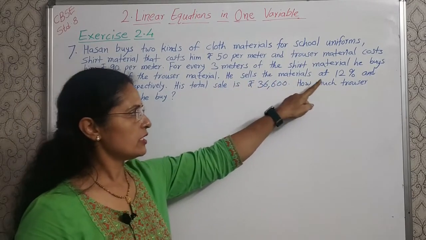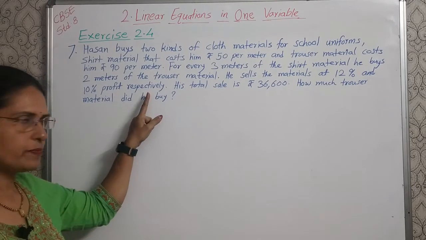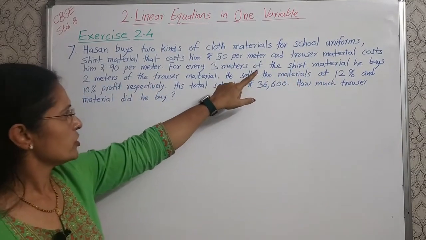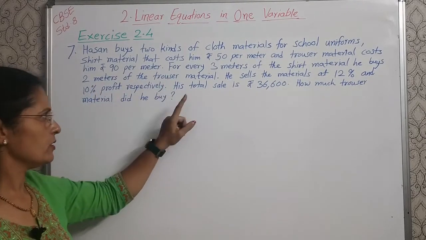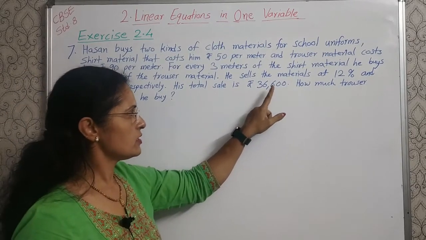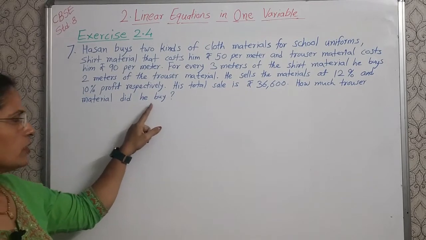He sells the material at 12% and 10% profit respectively. It means 12% profit on shirt material and 10% profit on trouser material. His total sale is rupees 36,600. How much trouser material did he buy?